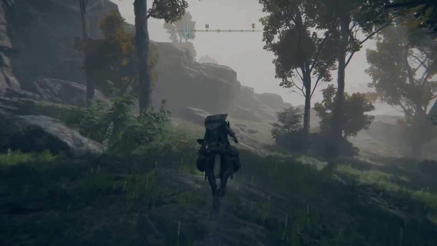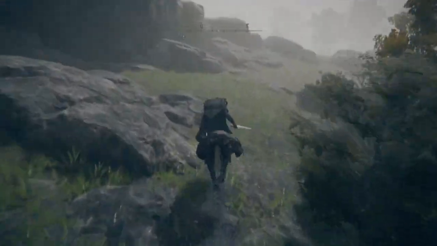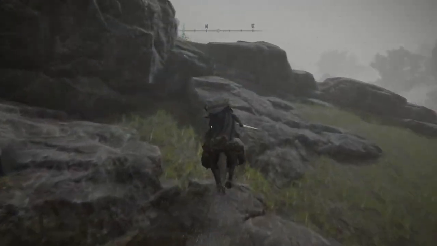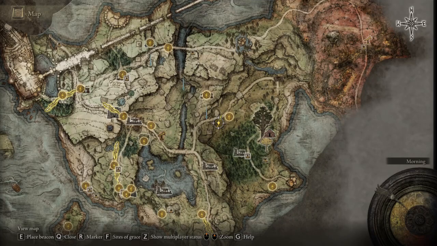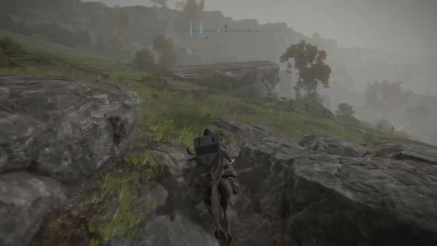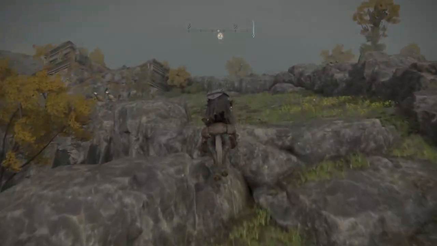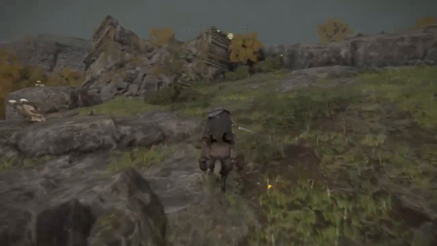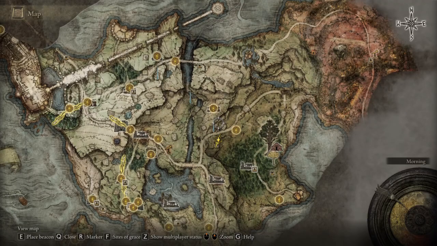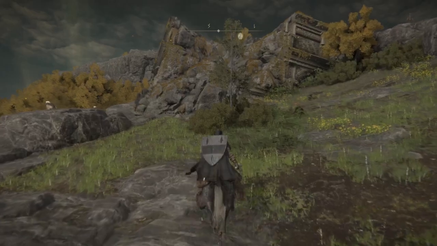Let's run up and find that cave. That cave is not down here. We are running back in circles. See, this is really a circle. But the problem is I can't find the exact position of the cave. The cave is always on the wrong layer.